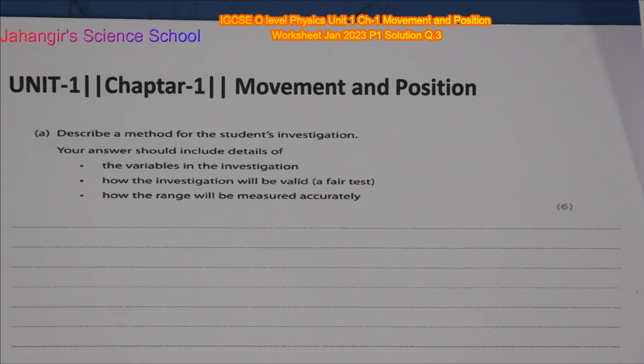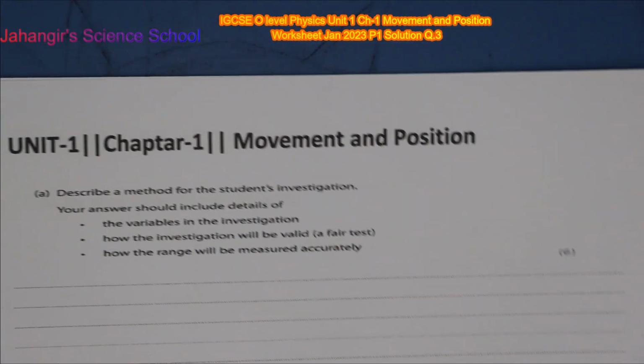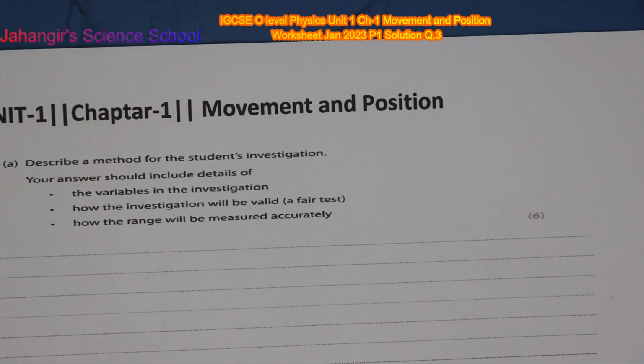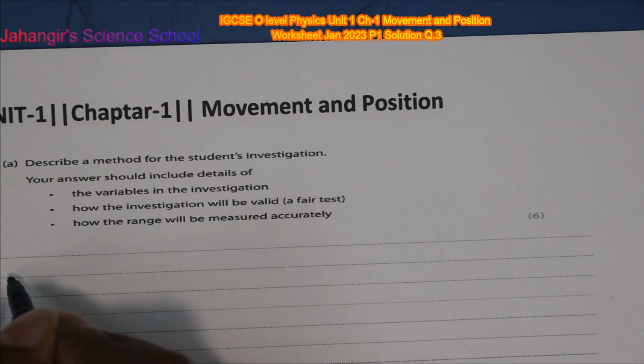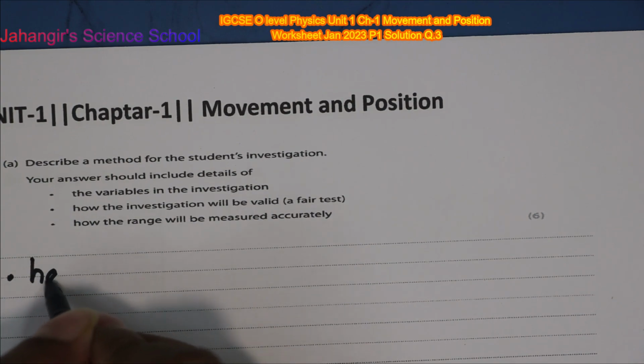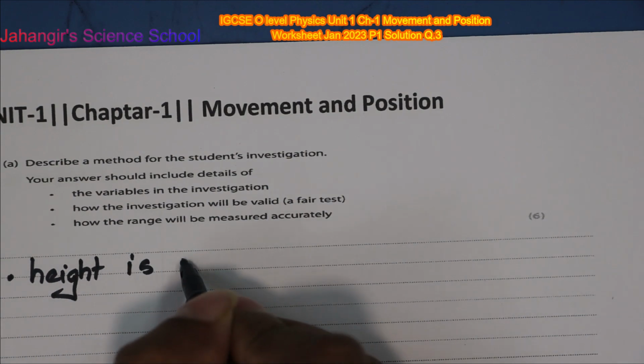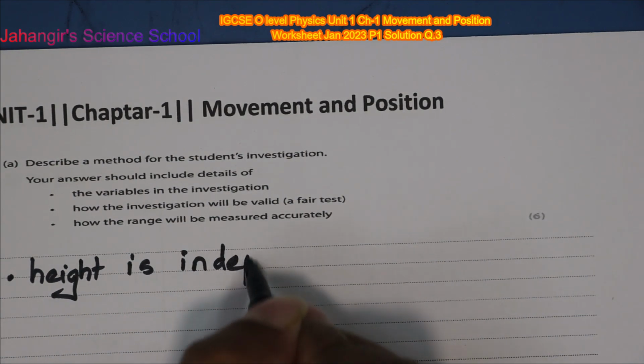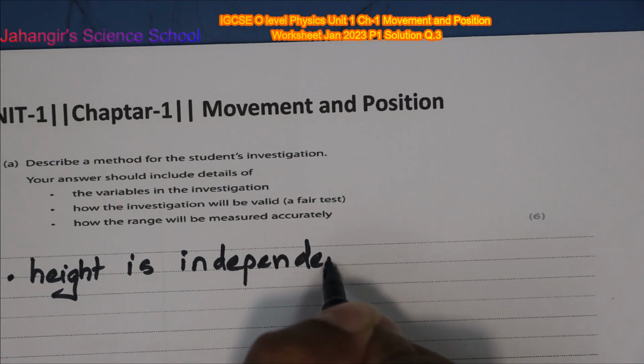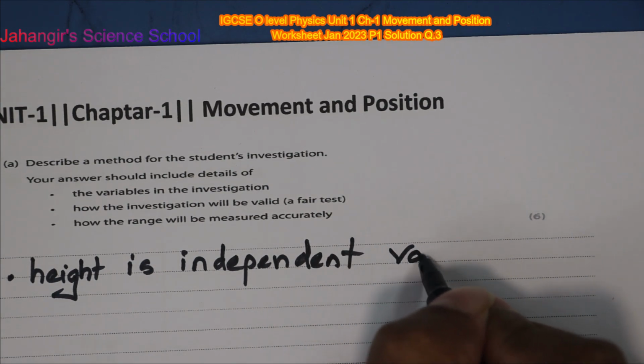At least 5 different heights should be tested.